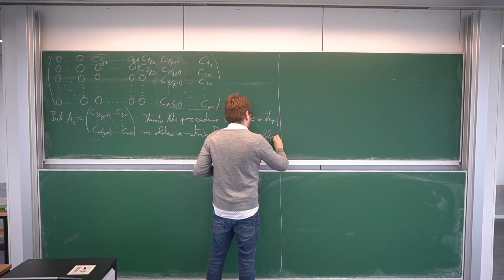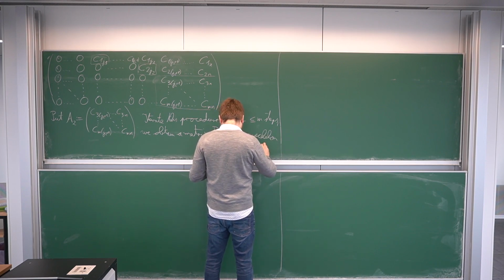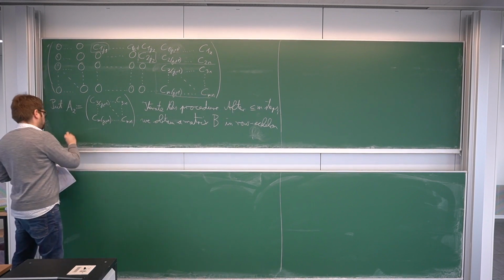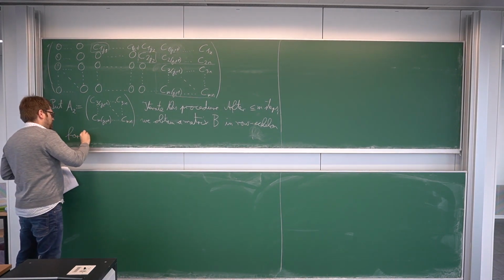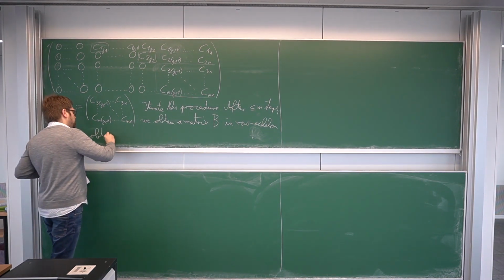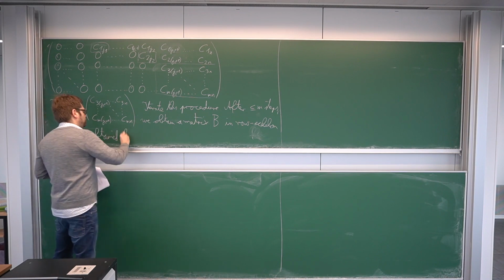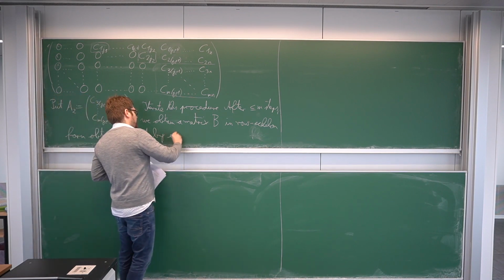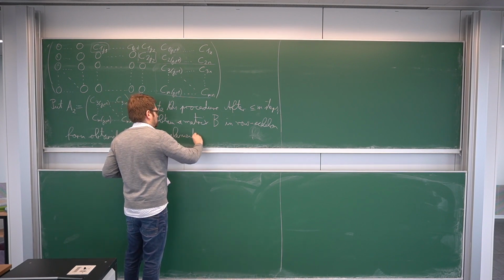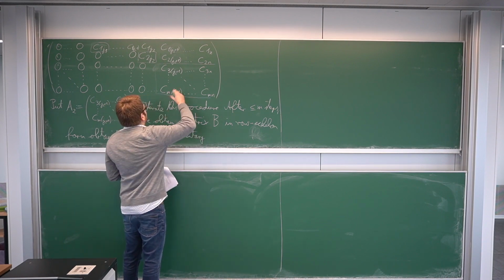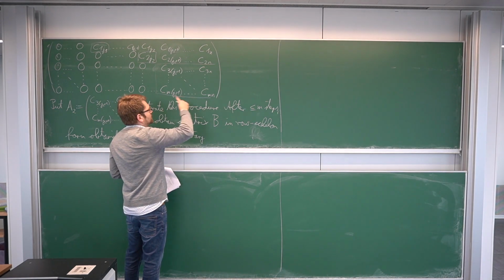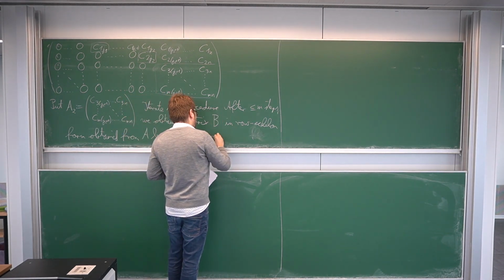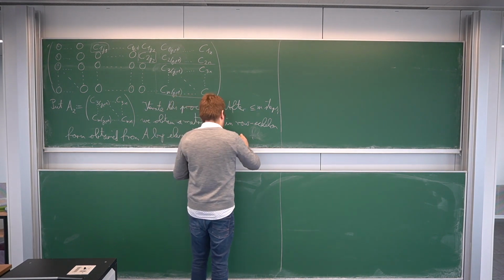And the important part is that this is obtained from the original matrix A just by applying elementary row operations: swapping rows and adding multiples to others, just this procedure over and over.